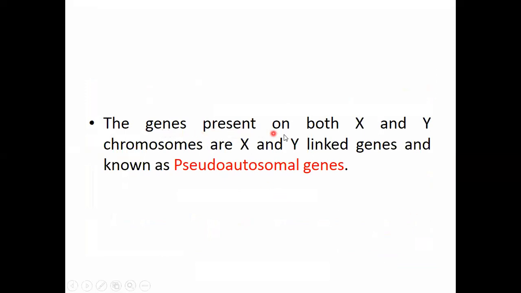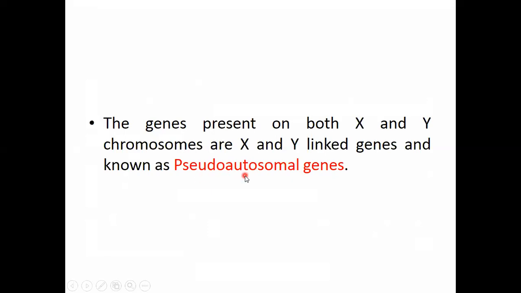The genes that are present on both the X and Y chromosome are X and Y-linked genes, and these are known as pseudoautosomal genes. Means these are genes present on the X and Y chromosome, and these are similar genes. That's why these are known as pseudoautosomal genes.